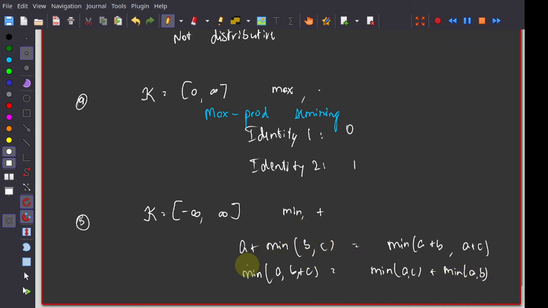So these two are not the same. In this case, the first operation is the minimum, the second operation is addition.